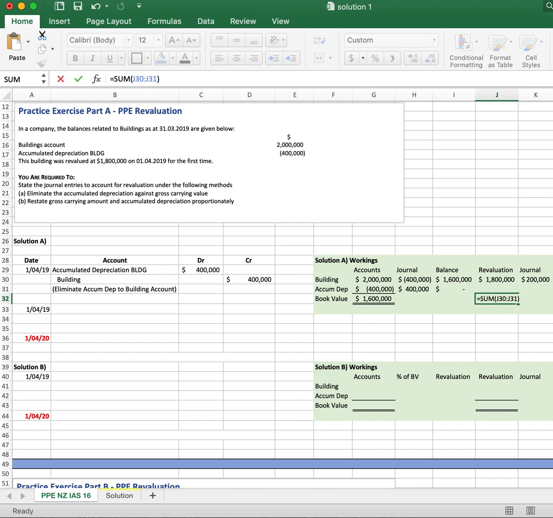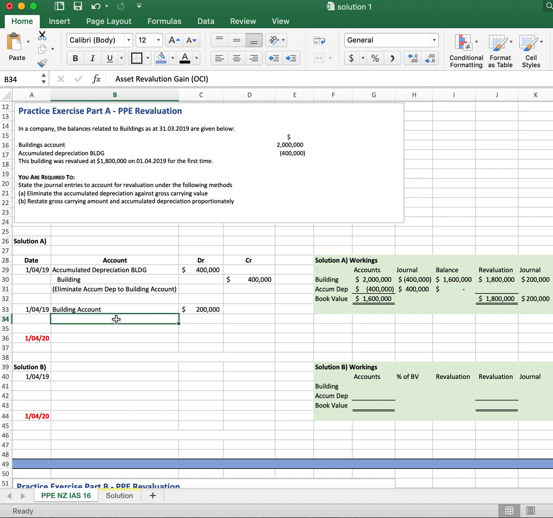The journal will be debiting the building account the 200,000, so that the building account will have the correct balance. I could add another line to show the closing balance, but we know that it's going to be that plus that. So the correct valuation will be there.